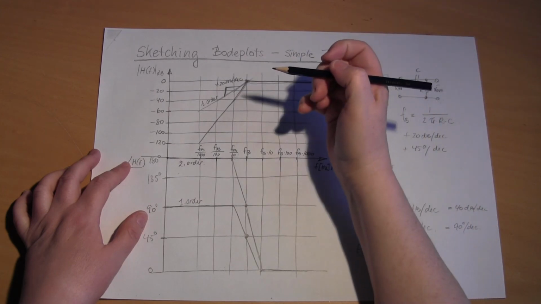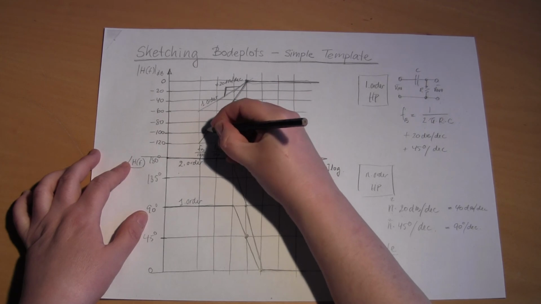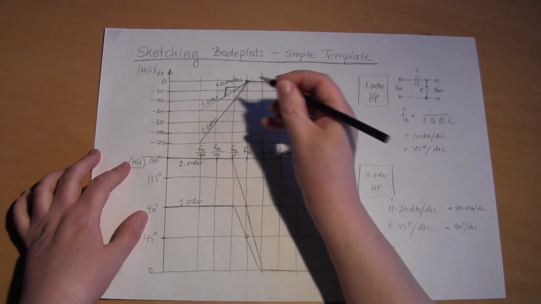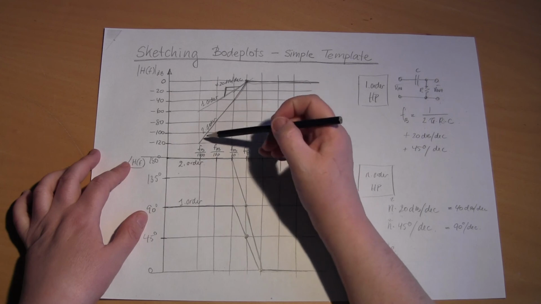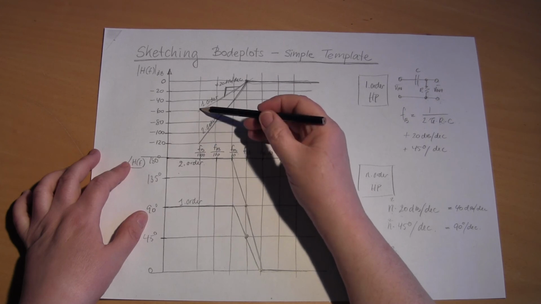And we can see that a second order filter actually attenuates quite a lot more on the lower part of the frequencies.